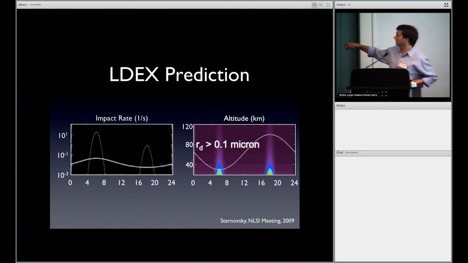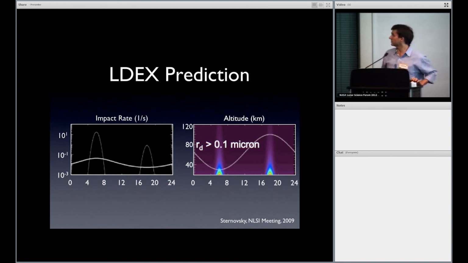We have the sunrise and the sunset regions, which are the places where we expect electrostatically levitated dust particles, so that's why we have increased densities there. The background is basically the ejecta particles. And the line here is one of the assumed elliptical orbits of the LADEE spacecraft.